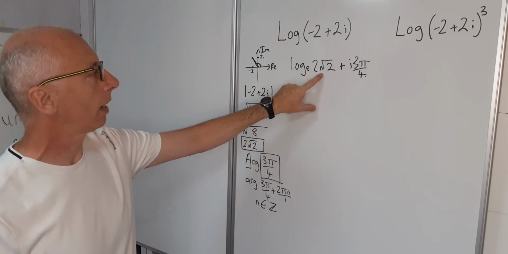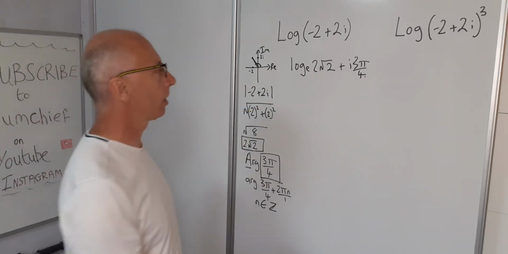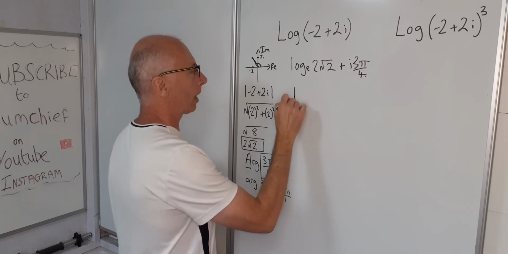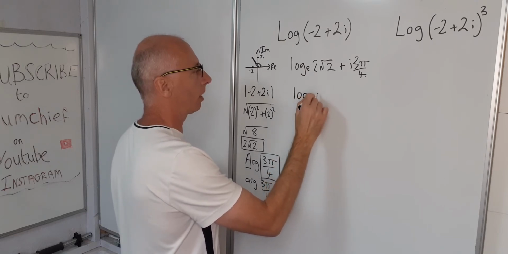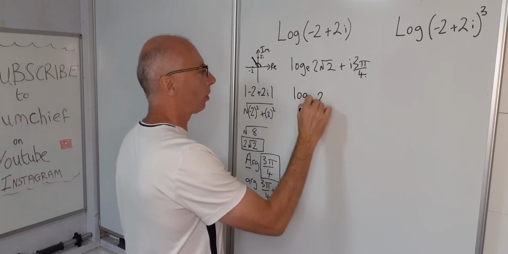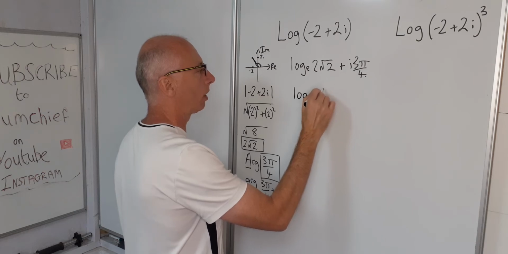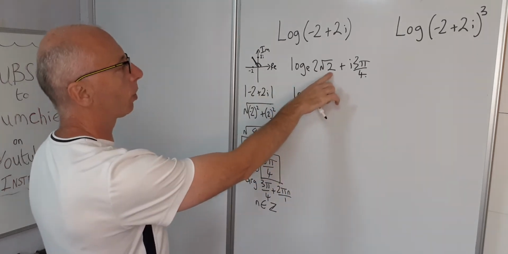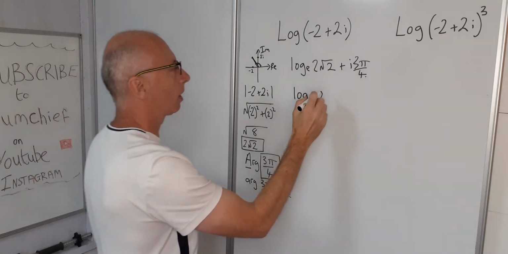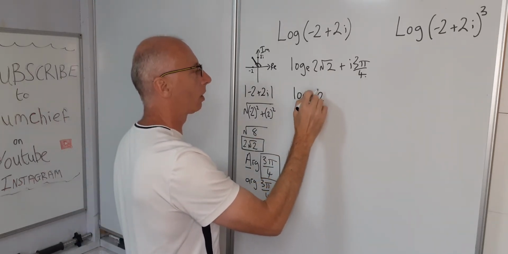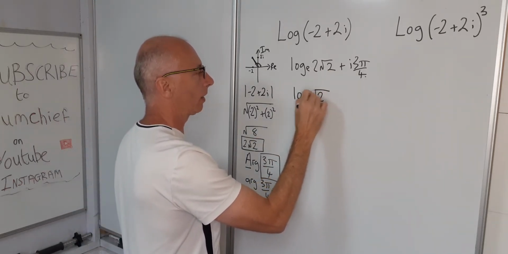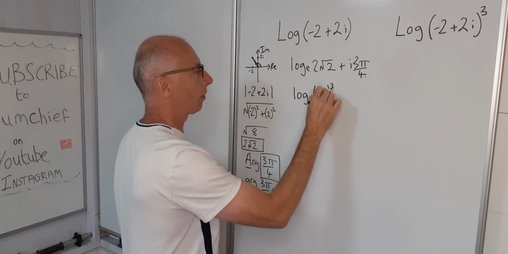But what we need to do now, we can do some simplification on this. So what we could say is that this is log base e of 2 to the power of, so here we've got root 2 to the power of 3.